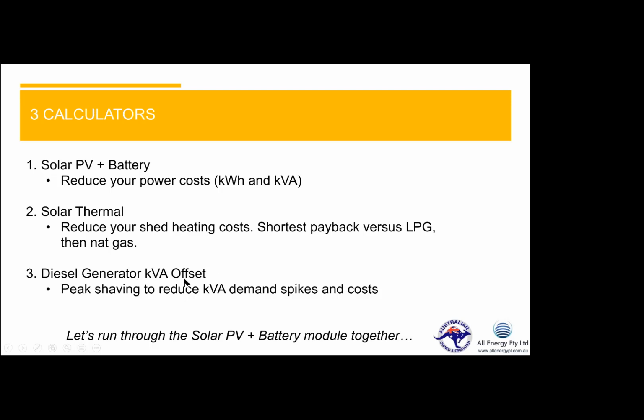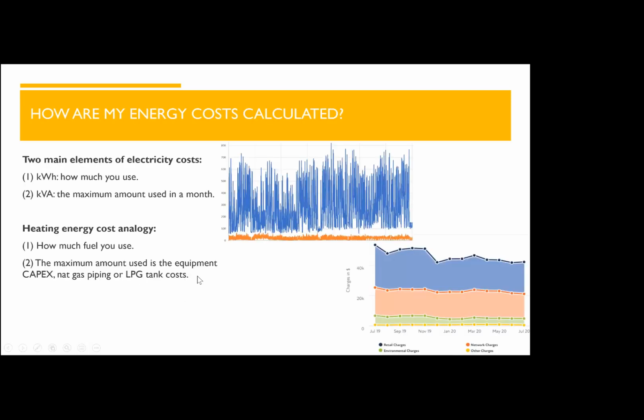And I'll talk about how bills are set up on this next slide, just so that you can understand the approach that's been taken. When you look at your electricity bill, there's two main contributors to the final dollar per month that's being paid. It's the kilowatt hours, so this is the volume charge, or how much you use.